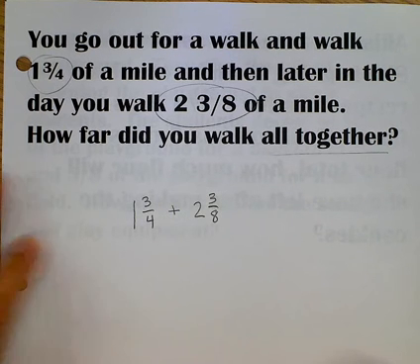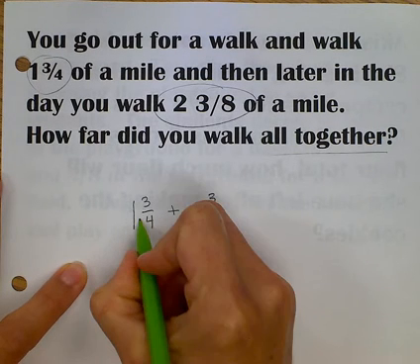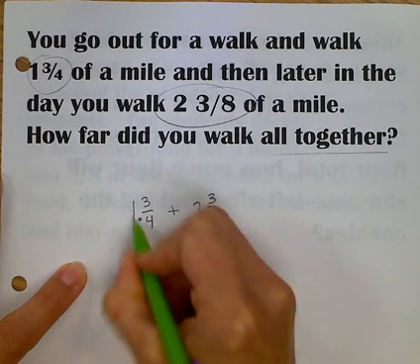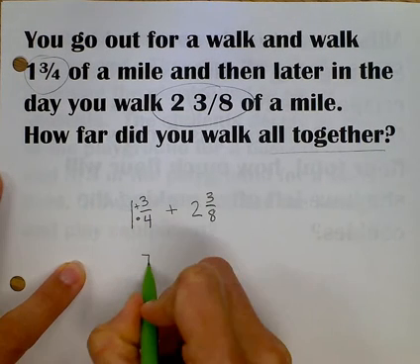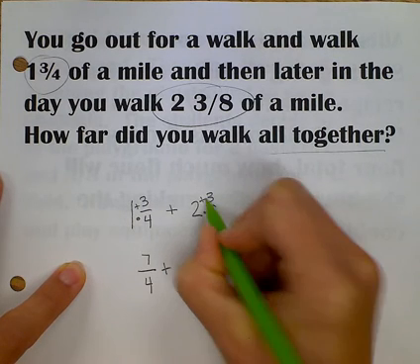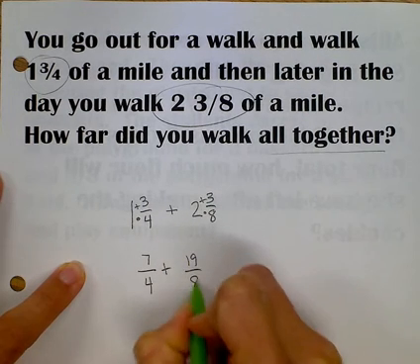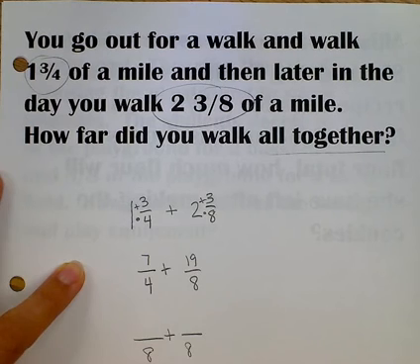When we add fractions, the first thing we're going to do is convert them to improper fractions. 4 times 1 is 4, plus 3 is 7/4. 8 times 2 is 16, plus 3 is 19/8. Now we need a common denominator, which we do not have. So I'm going to make my denominators 8.